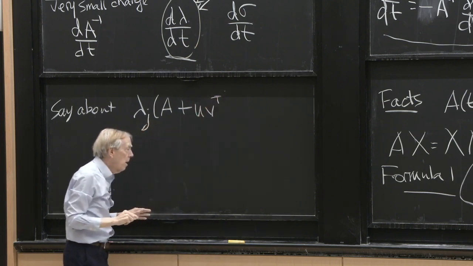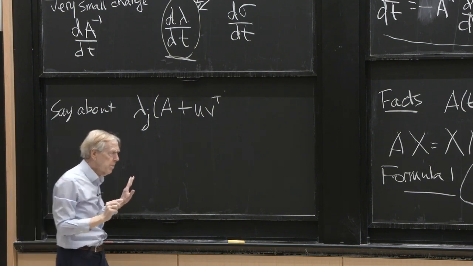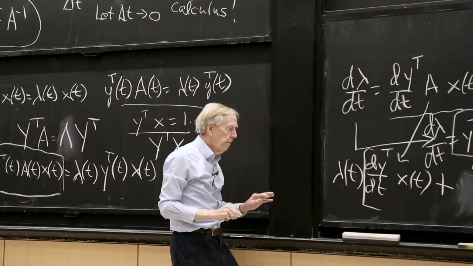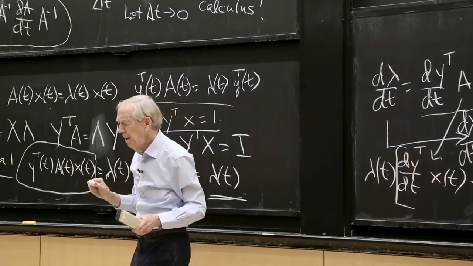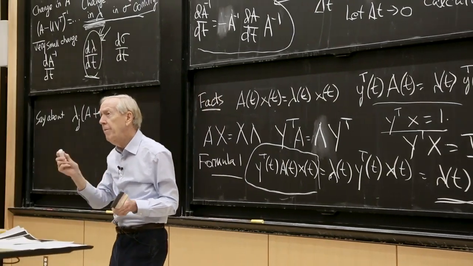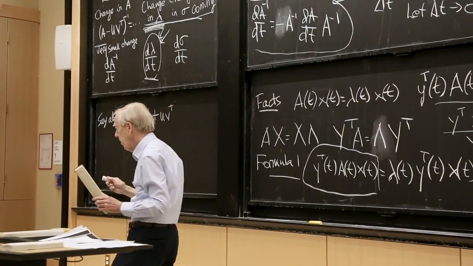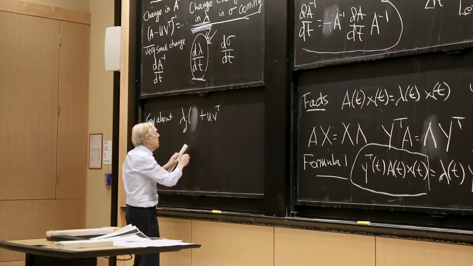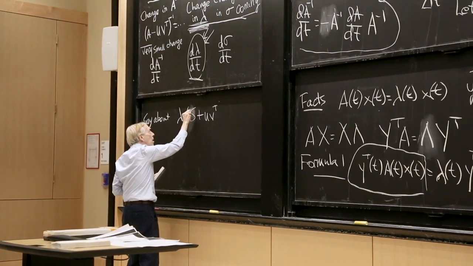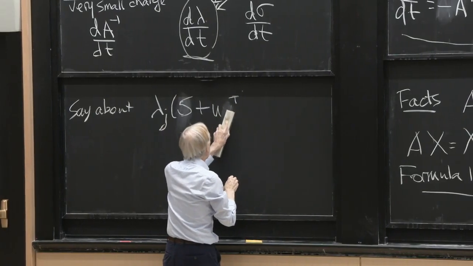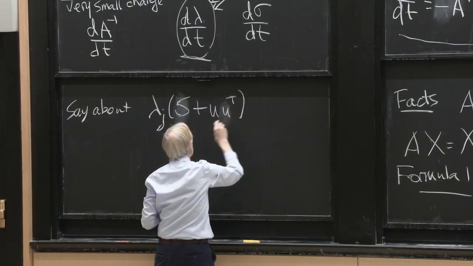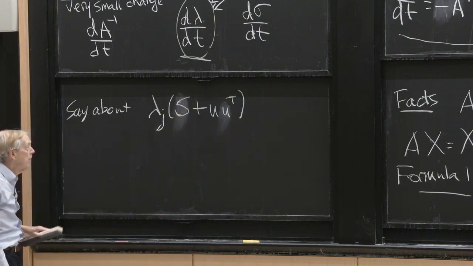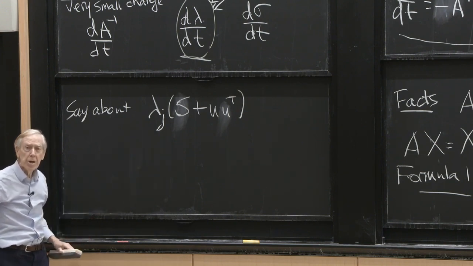Oh, let me make it, let's do the nice case here. The nice case. Because if I allow a general matrix A, I have to worry about, does it have enough eigenvectors, can it diagonalize, all that stuff. Let's make it a symmetric matrix. And let's make the rank 1 change symmetric too. So the question is, what can I say about the eigenvalues after a rank 1 change?